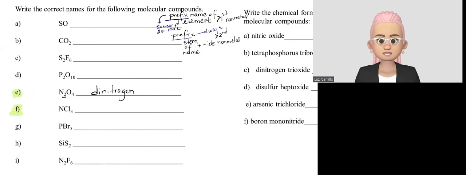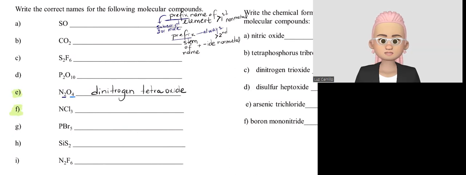When we observe the subscript next to oxygen, we see a 4. The prefix that is going to be used is tetra. Because oxygen is our second nonmetal, oxide is the stem and the ide ending for an oxygen atom.